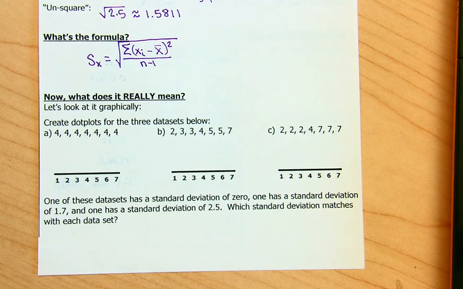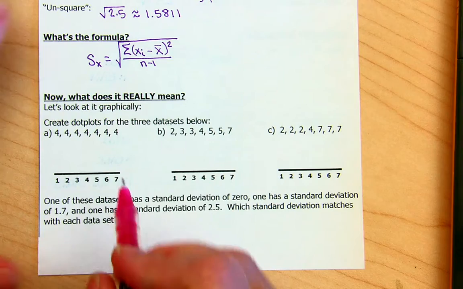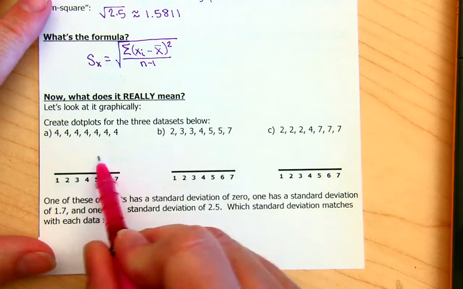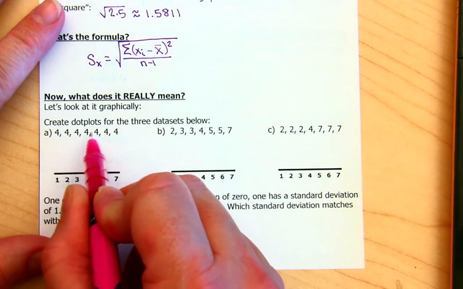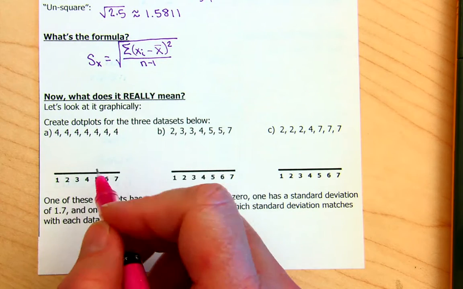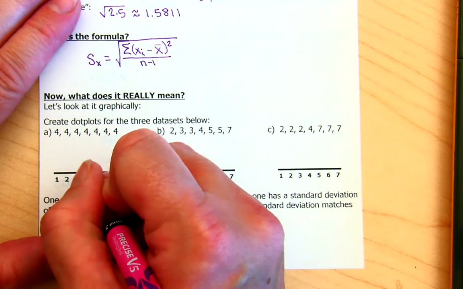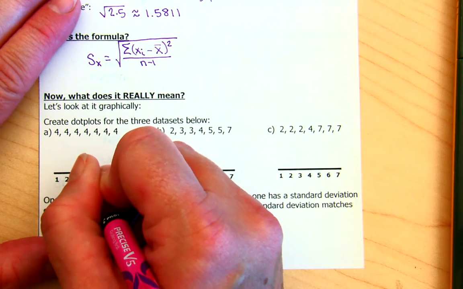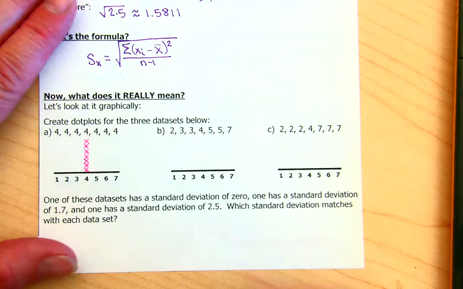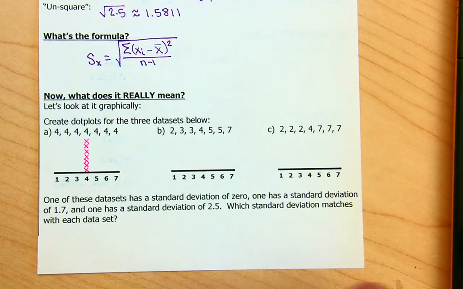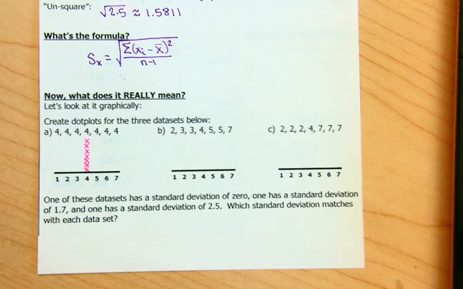Okay, what does it really mean? Let's look at it graphically. So if we wanted to create a dot plot for each of these three, notice here we have 7 4s. So if we create a dot plot, we're just going to stack them up. We just have 7, all of the same value.